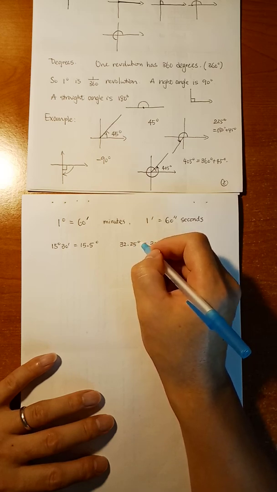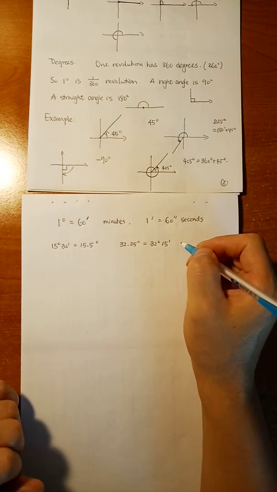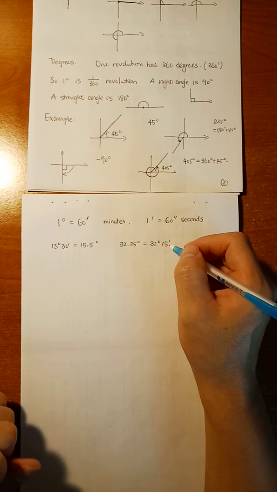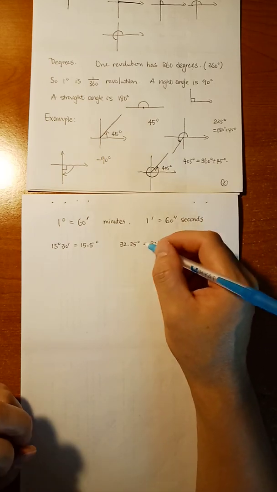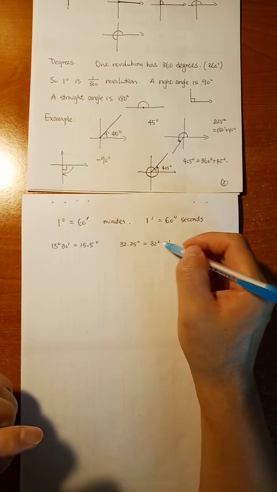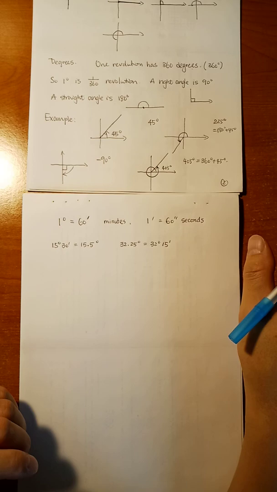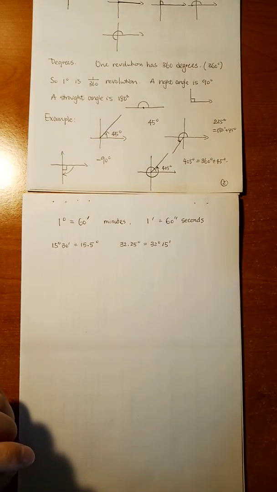A quarter degree is 15 minutes, just as a quarter hour is 15 minutes. In this transformation, you just consider degree as hours, and you can translate between hours, minutes, and seconds.